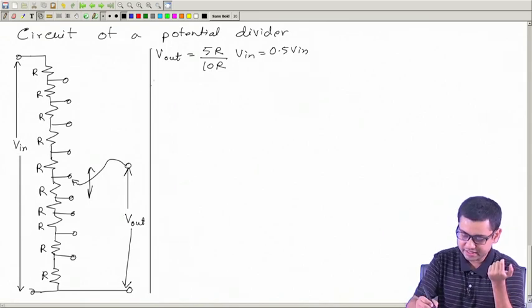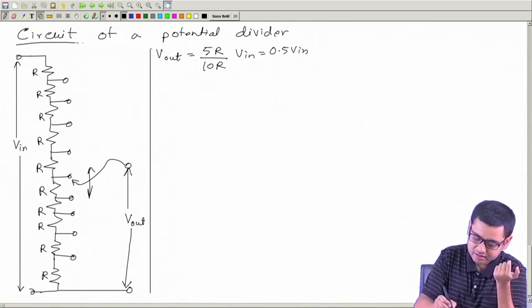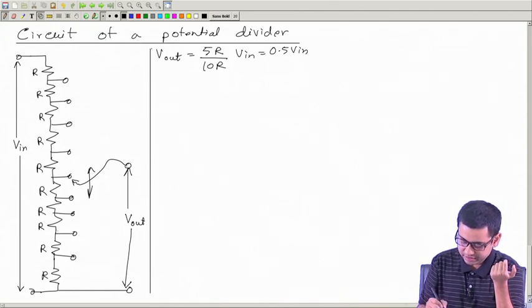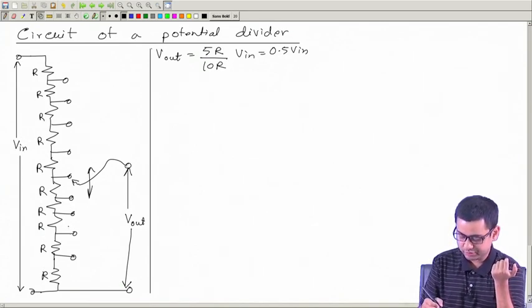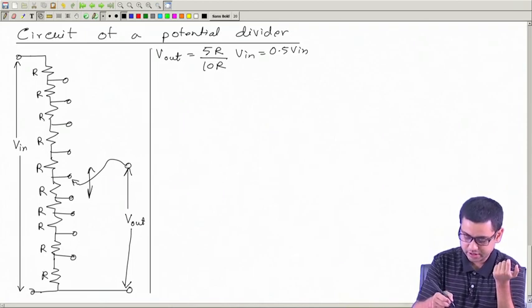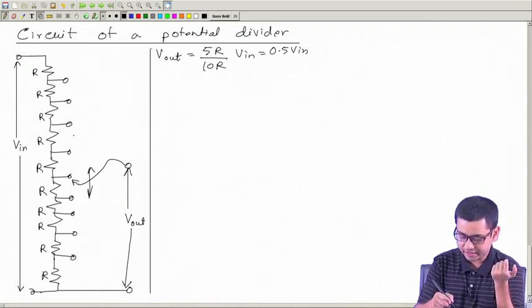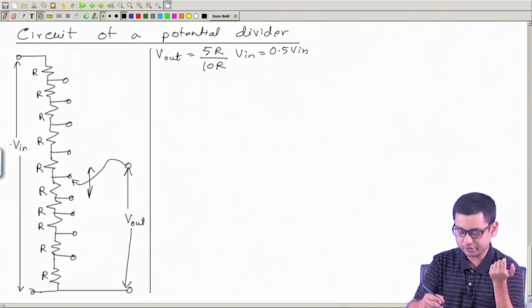So, with this circuit we can get any fraction of the input, like 0.1 times, 0.2 times, 0.3 times, or 0.7, 0.8, 0.9. Any fractions like that of this V in we can get with this circuit.